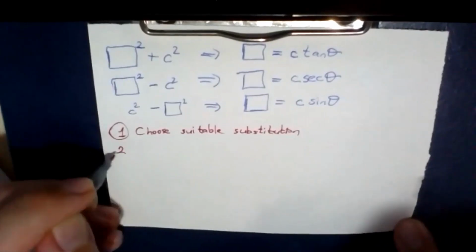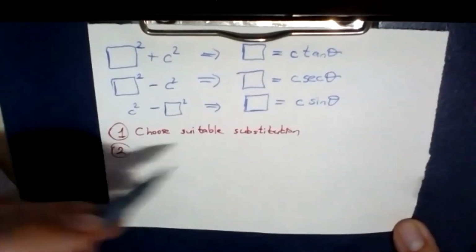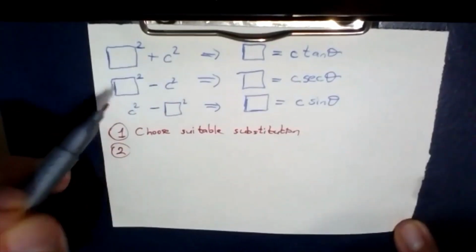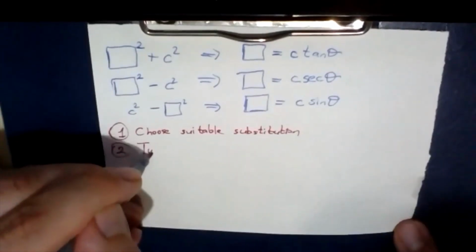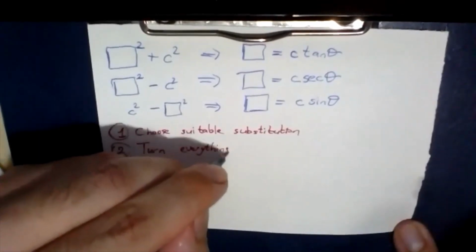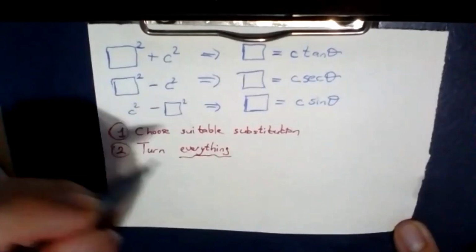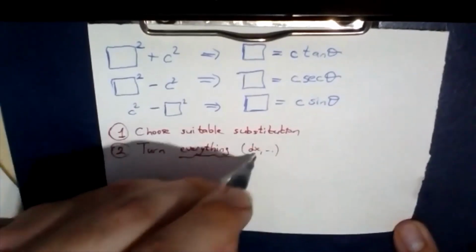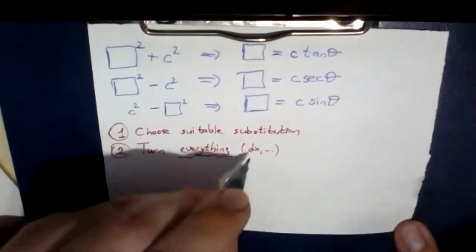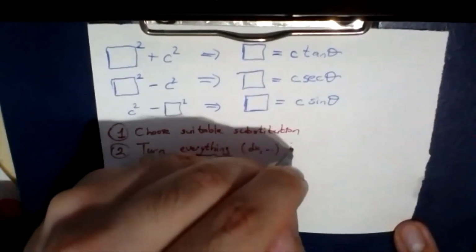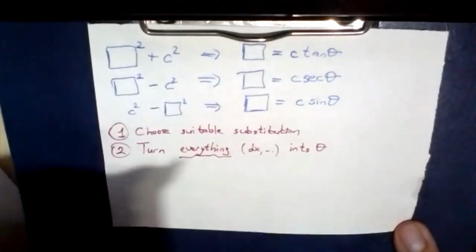After that, we choose the suitable substitutions by using these formulas. We should turn everything, this is important, everything, that means including dx, not only the integrand, but we should also write dx in terms of d theta, turn everything into theta.